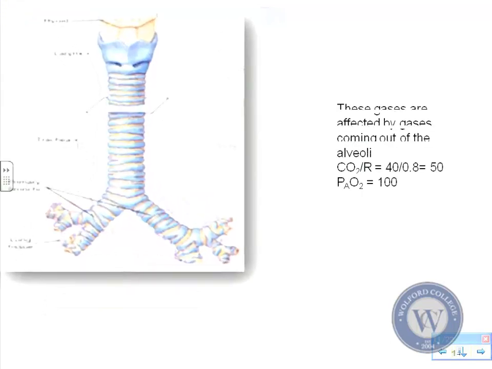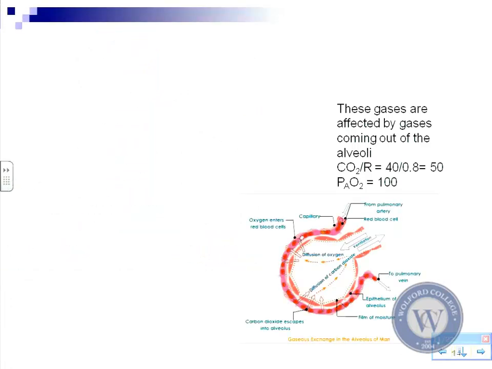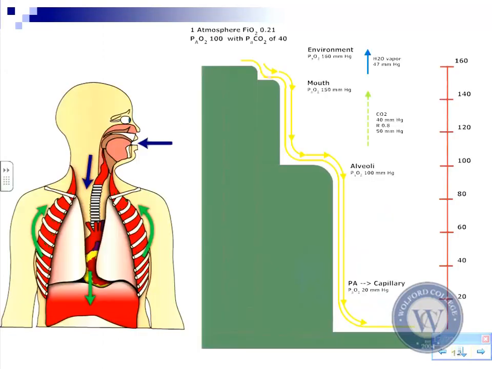That's why the gases are affected by the CO2 coming out, which is 50. So that gives you the alveolar O2 down here at 100. And that's the gradient that's now establishing the oxygen from the alveoli into the capillaries. Now this is another way of looking at it. This gives you the environmental pressures out here, okay?